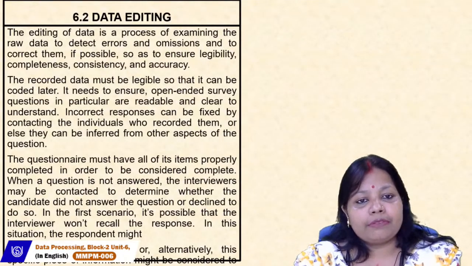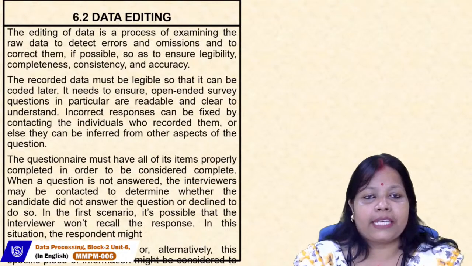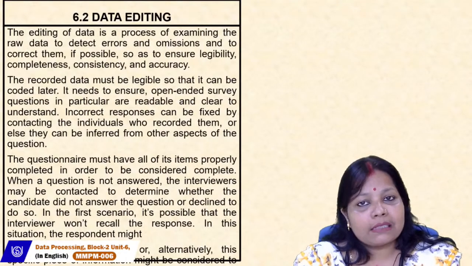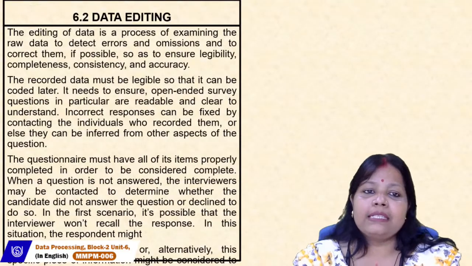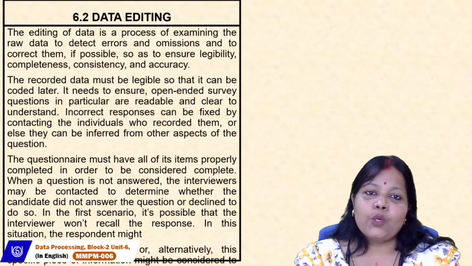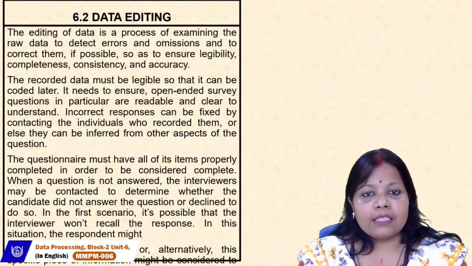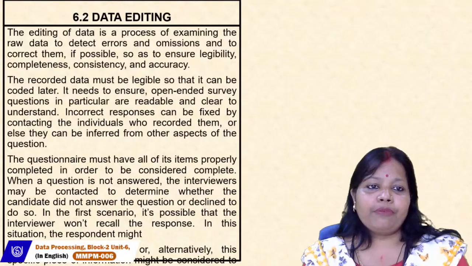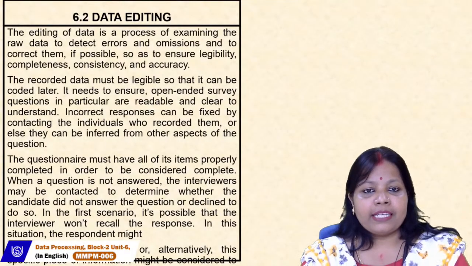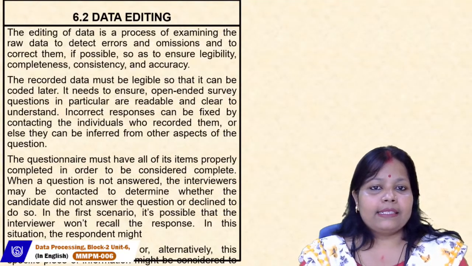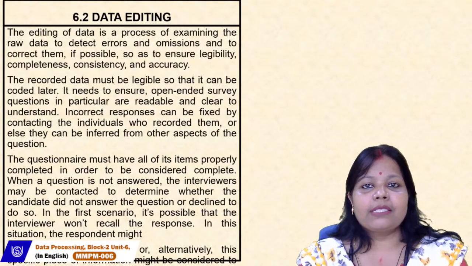Now, what is the first step? We have to check and detect whether there are some errors, whether there are some responses which are not fitting our scale. Suppose I have given 1, 2, 3, 4, 5, but the respondent has filled in number 6. As we know, 6 is not a number in our scale.